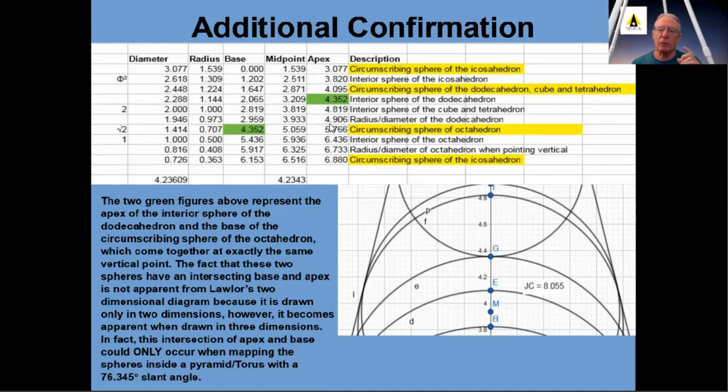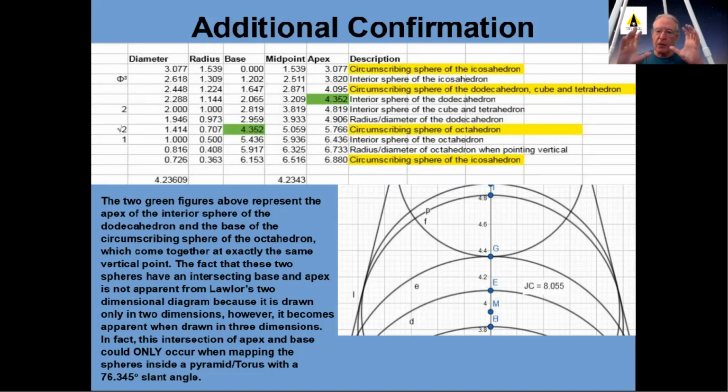Now, the reason why that's important, the 2 green figures above represent those figures, but the fact that these 2 spheres have an intersecting base and apex is not at all apparent from the 2-dimensional diagram that Lawlor puts together, because it's only drawn in 2 dimensions. However, it becomes apparent when drawn in 3 dimensions. And here's the key takeaway. That intersection of base and apex could only occur when mapping the spheres inside of a 76.345 degree pyramid.